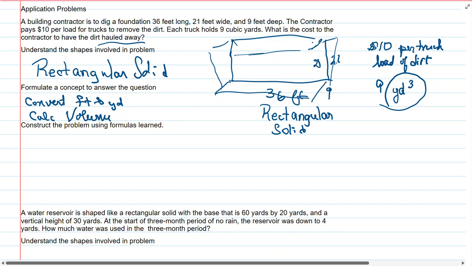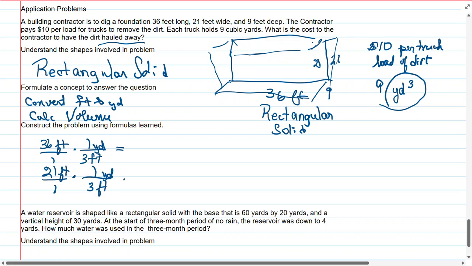We know that it's $10 per 9 cubic yards they charge. All right, so we're going to multiply that by the 252 yards cubed, and we know then that we're going to end up with money because this cancels this, and we end up with money.